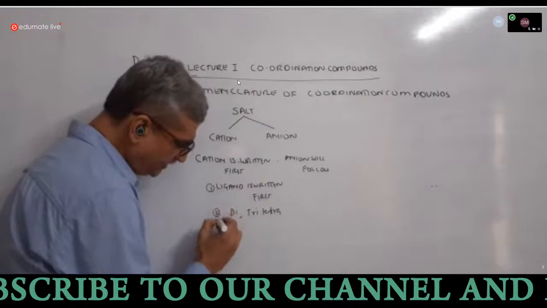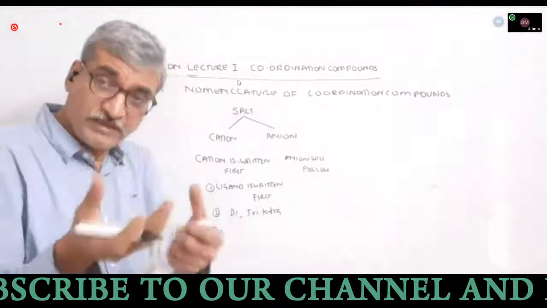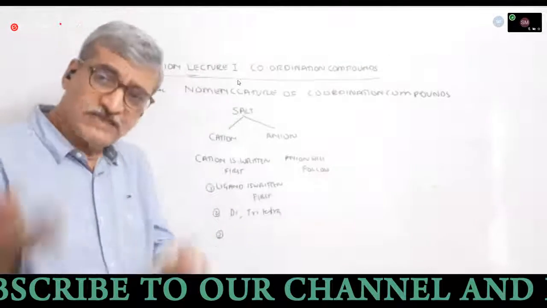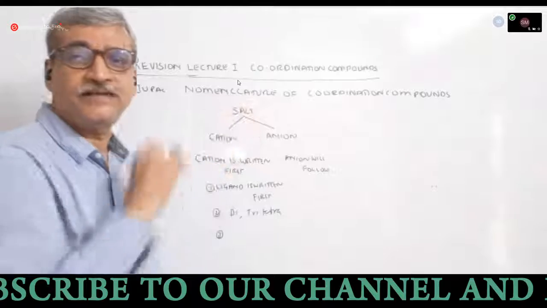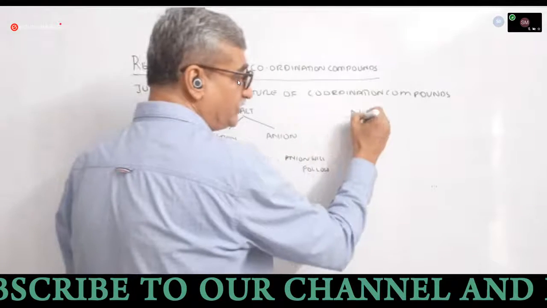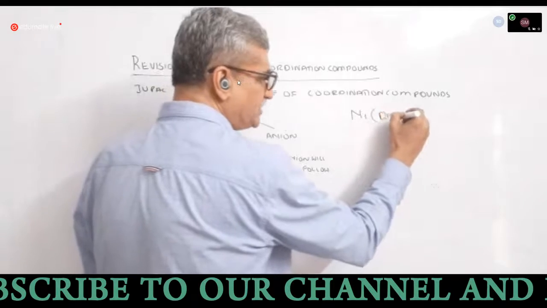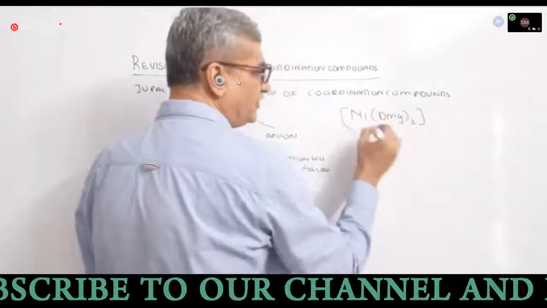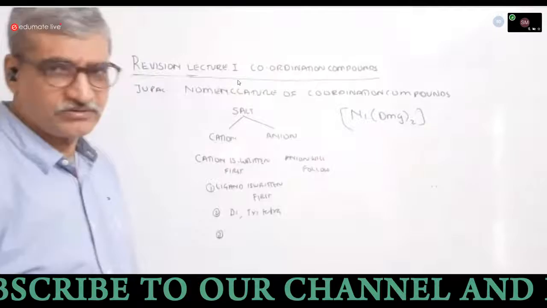Third point: if your ligand itself has a multiplier in its name, for example dimethylglyoxime, you cannot say didimethylglyoxime.